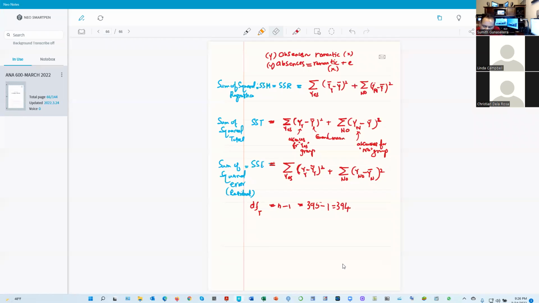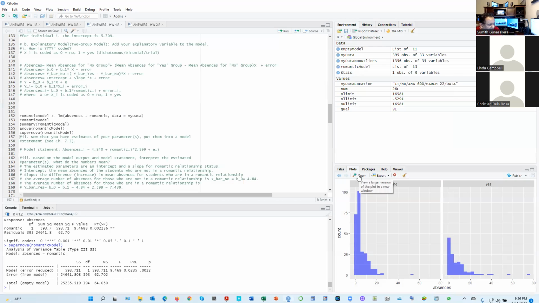So this one, SSR, SST is how much? Okay, I'm going to get rid of this one and write it. 593.11. It says error 24,641.808.